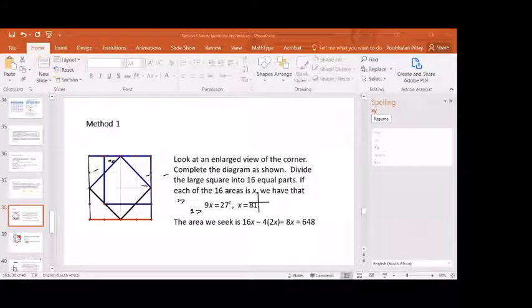So what I do now is break up this new square into 16 parts. You notice I've got them in very light lines. I don't know whether you can see it. Can you see these lines here? Is it visible?